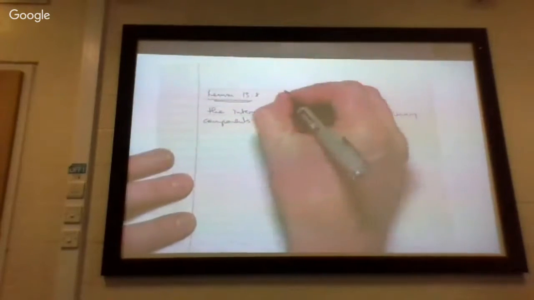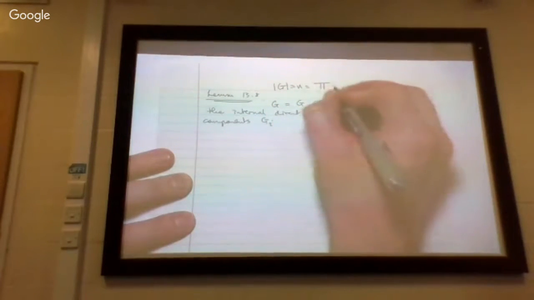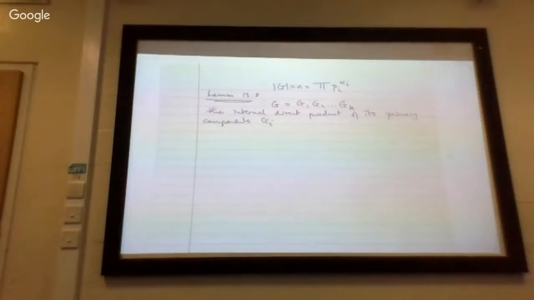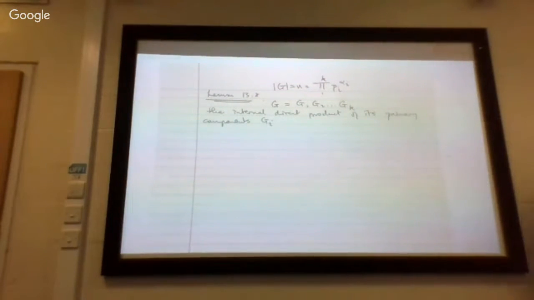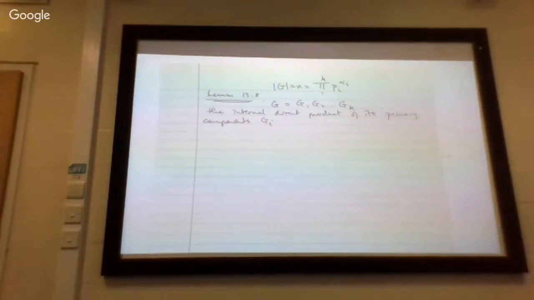Remember, G has order n, with prime factorization the product of the p_i to the alpha_i, where i goes from 1 to k. And so you've got k of these primary components. Each primary component is what we called a p-group before.